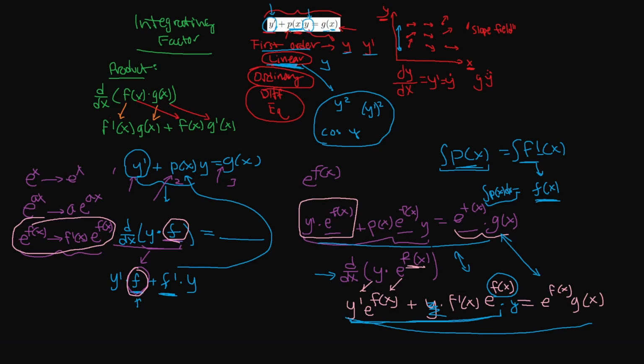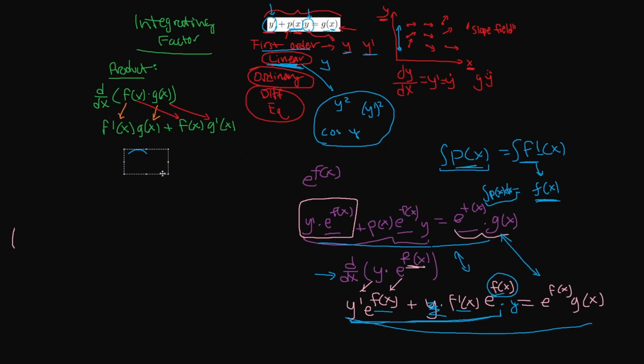So let's try to replace f of x with this expression. So let's see, I guess we need to make some more room over here. So what we had before, just to recap, is this expression over here.